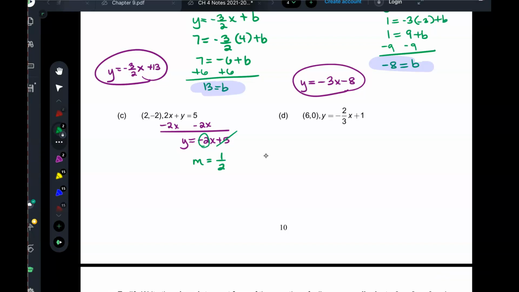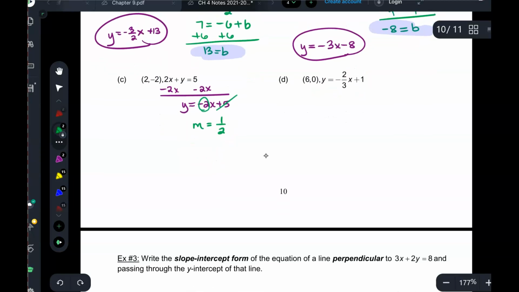So my equation is going to be y equals 1/2 x plus whatever b is. Go ahead and see, what do we get for b? You got negative 3. What do we get? Yeah, you got negative 3 as well? Okay.